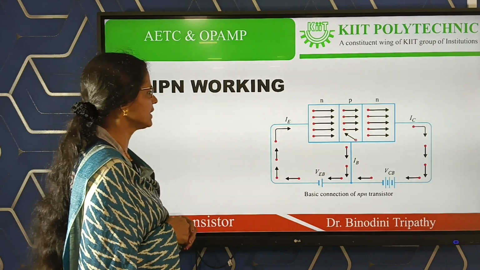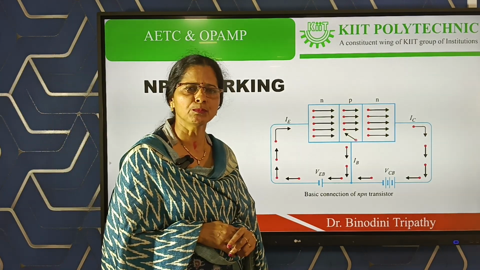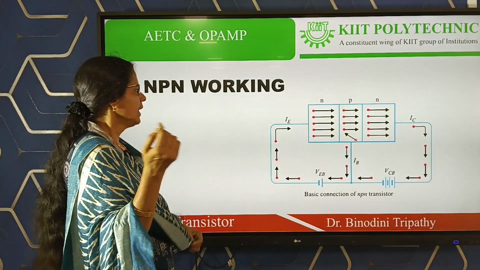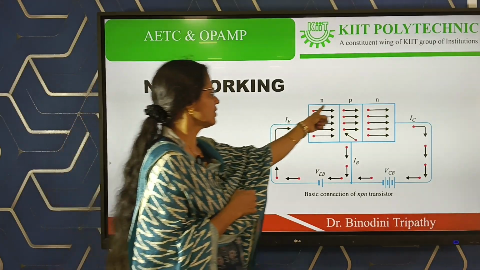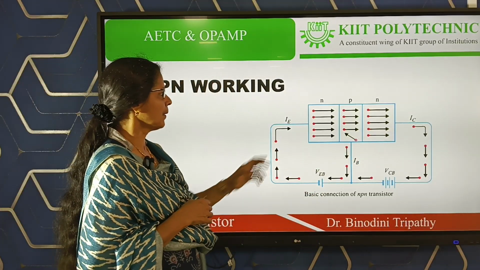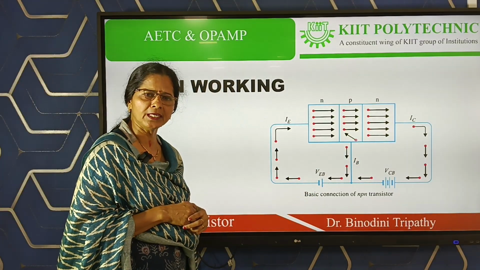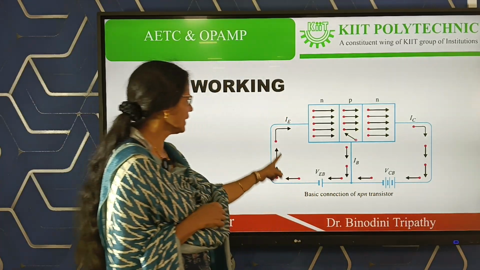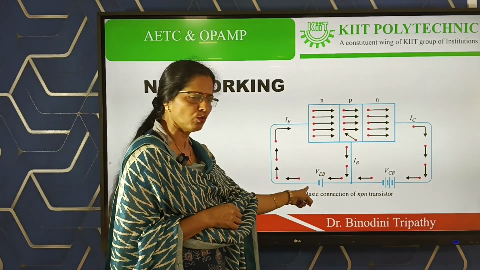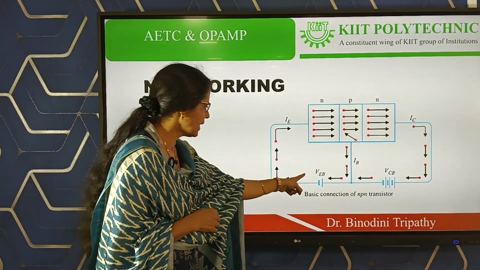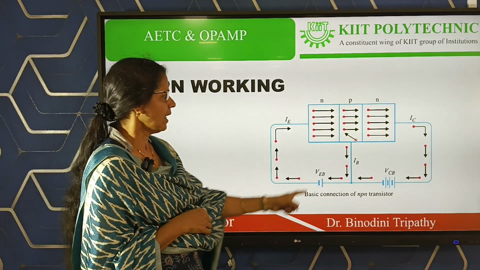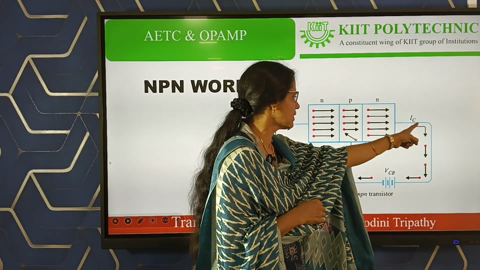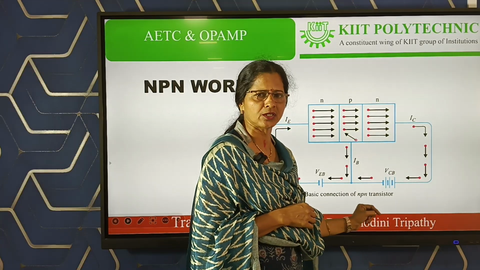Then next we consider the working principle of the NPN transistor. This is an NPN transistor structure, and for proper conduction, two DC sources are required. One is connected across the emitter to base in forward direction, named VEB in this case, and another DC source is connected across collector to base in reverse direction.